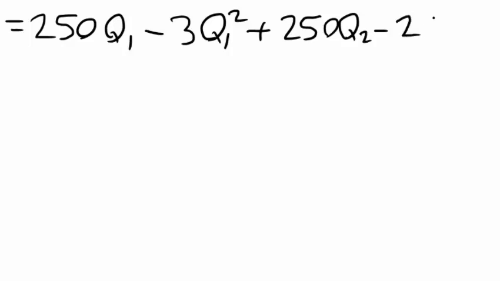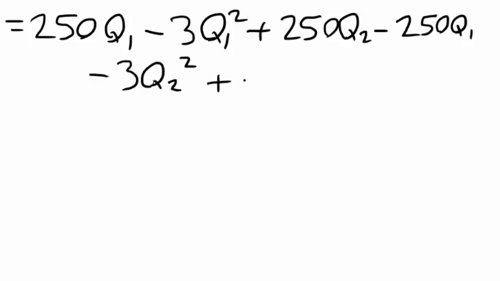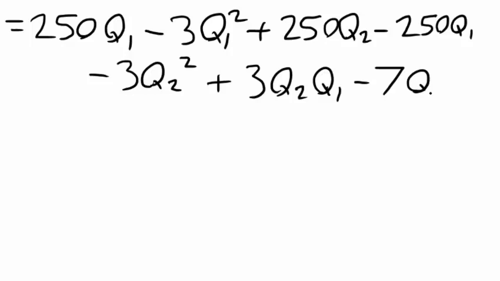By distributing, we get a profit function of 250Q1 minus 3Q1 squared plus 250Q2 minus 250Q1, and then continuing, we would have minus 3Q2 squared plus 3Q2Q1 minus 7Q2.